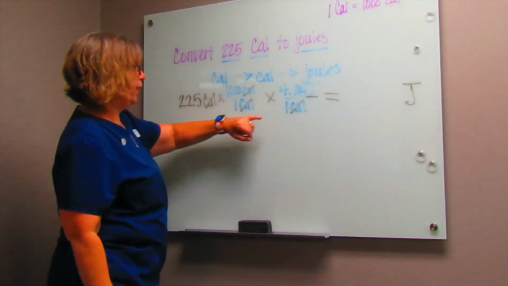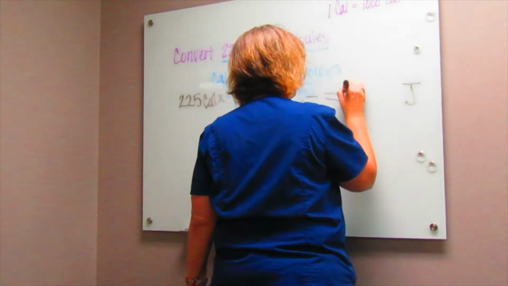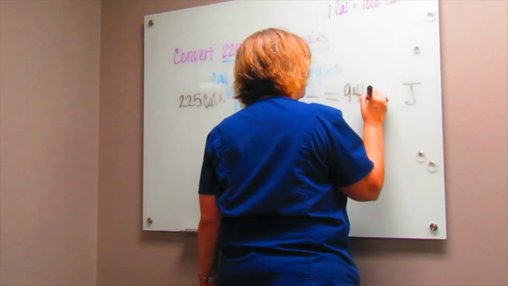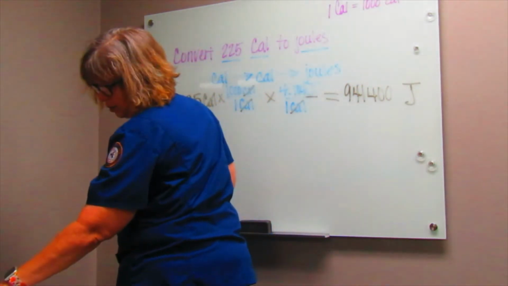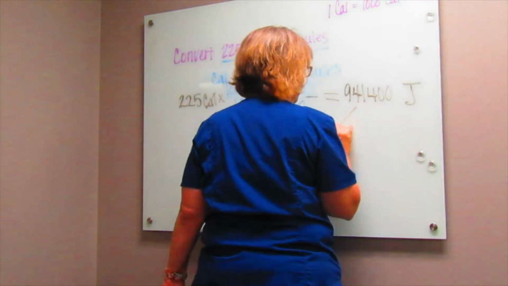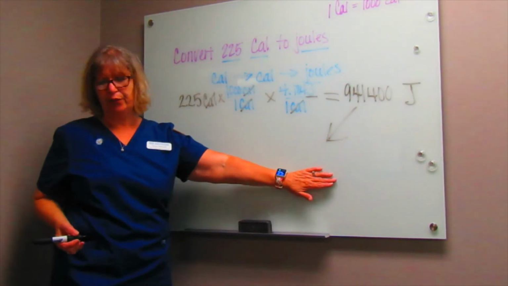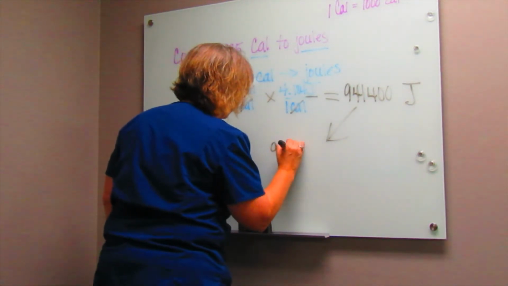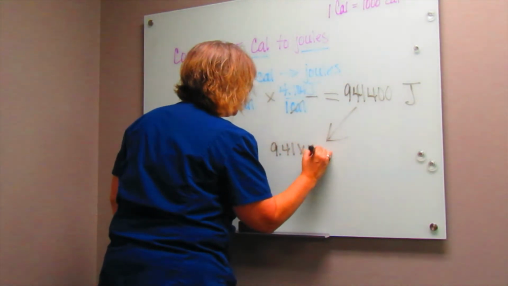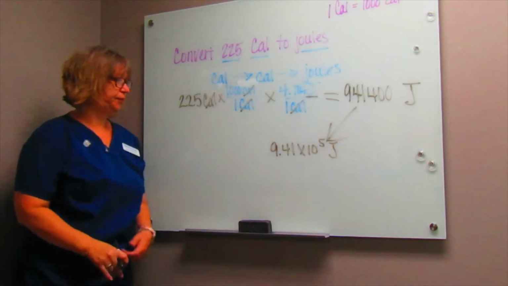When we multiply across, the answer that you should get is rather large, 941,400. And putting this in scientific notation, which is what your professors are looking for, it would be 9.41 times 10 to the 5th joules.